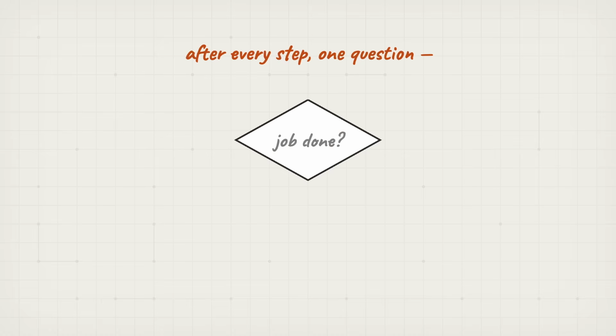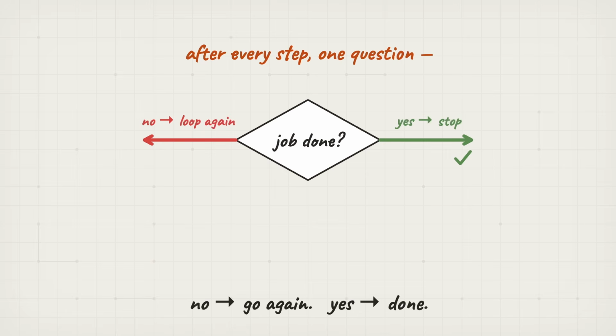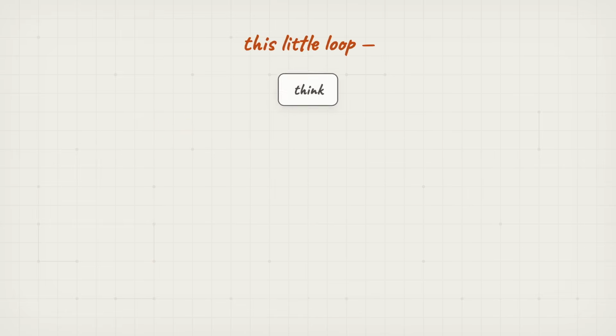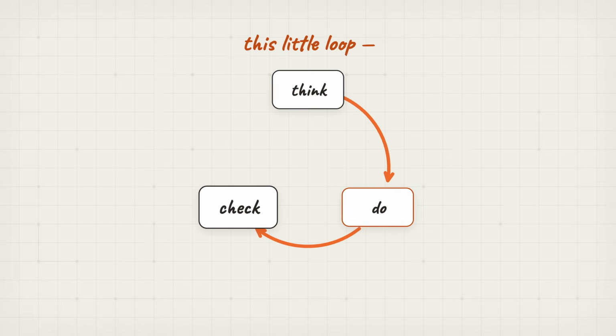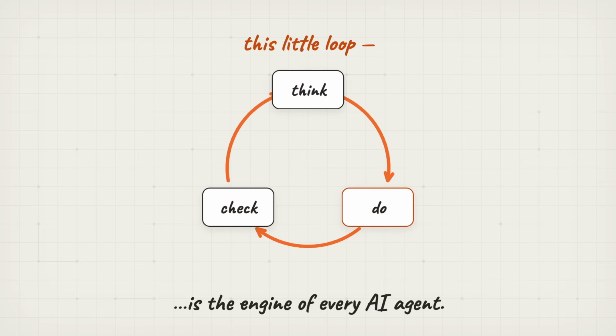If the answer is no, it goes around one more time, and if the answer is yes, then it stops. So in simple words, the model thinks about one small step, then the harness does that step and checks whether we have reached the goal. And this keeps happening again and again until the whole work is finished. This little loop is the engine that runs every AI agent you have ever heard about.